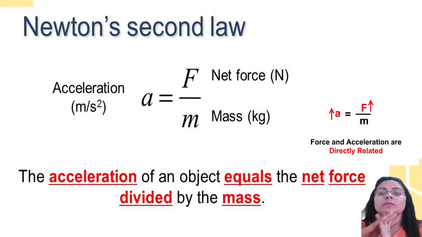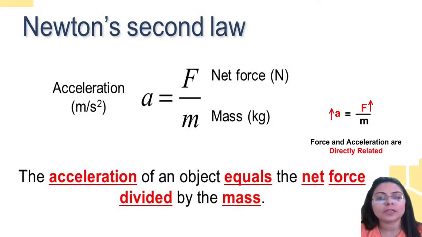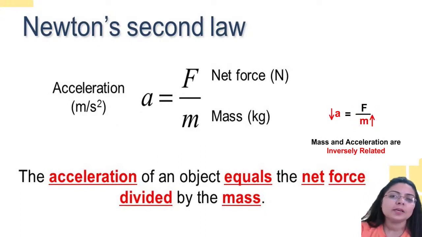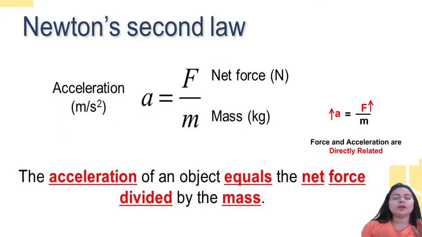If we talk about acceleration, then we can say the acceleration caused in an object depends on its mass as well as on the force applied to it. It will depend on both.